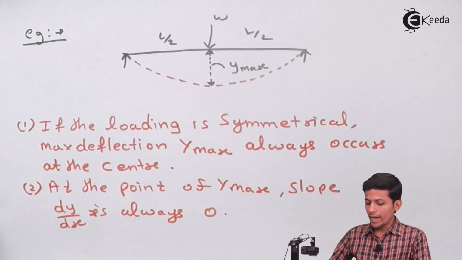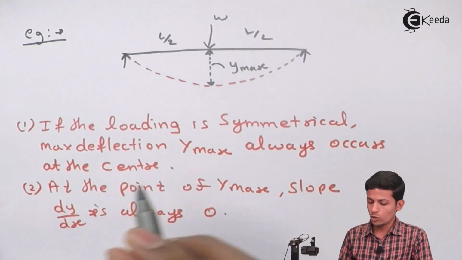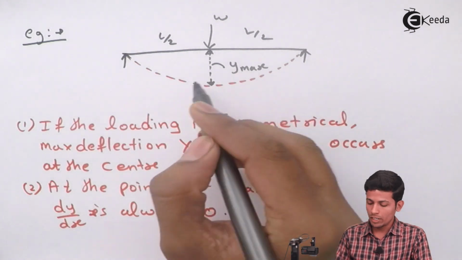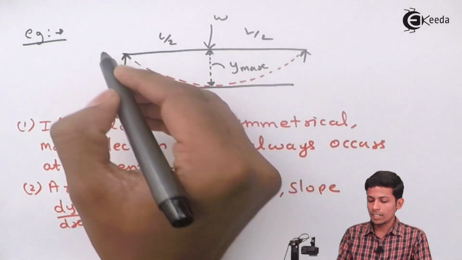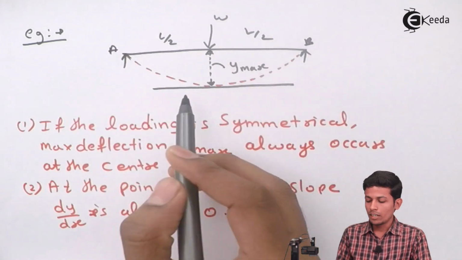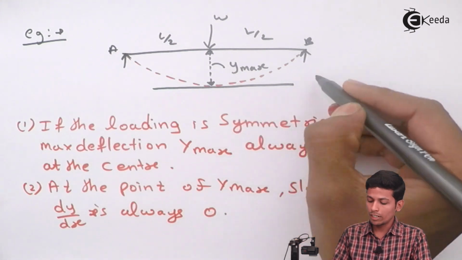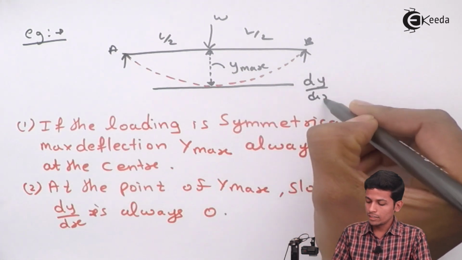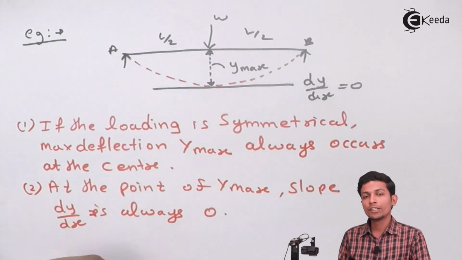When we have to find the slope at any point, we just draw the tangent. Just draw the tangent line with respect to this reference line, this A and B. This tangent is not making any angle with this line. That's why here dy by dx is equal to 0. Where the deflection is maximum, the slope will be 0.